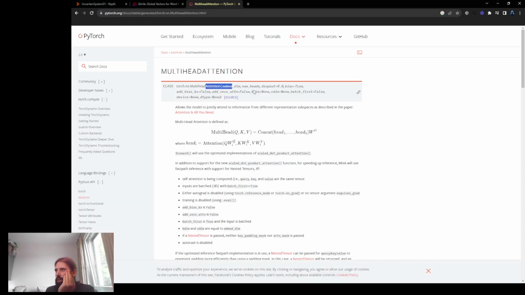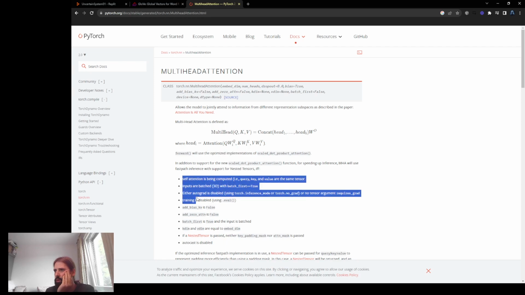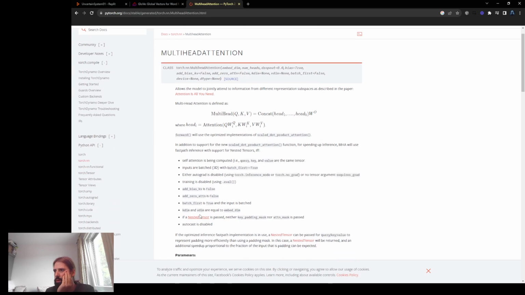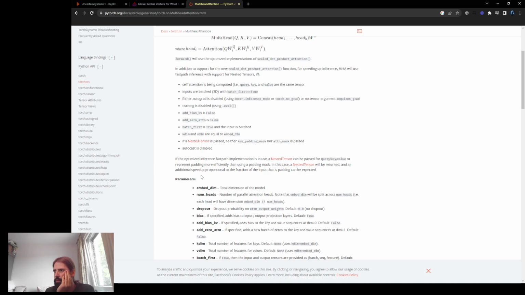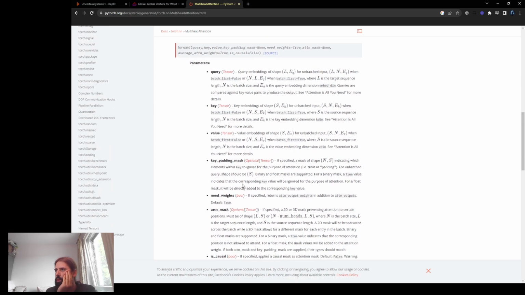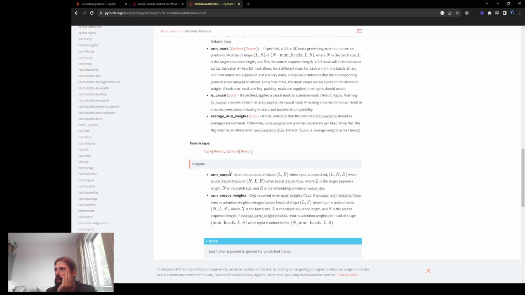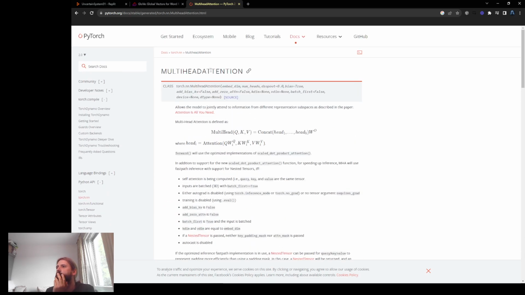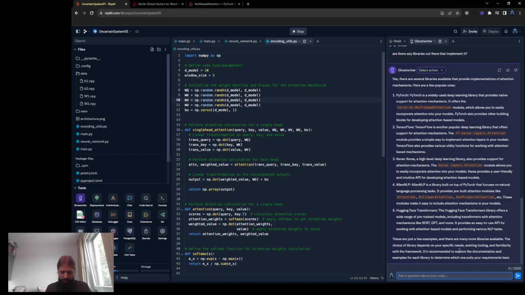So here you just have these implementations, autograd, and so on. How to use that multi-head attention example? How do you use that in context?